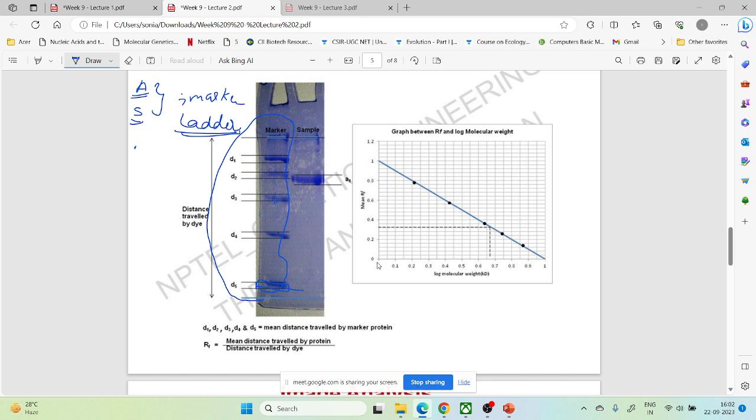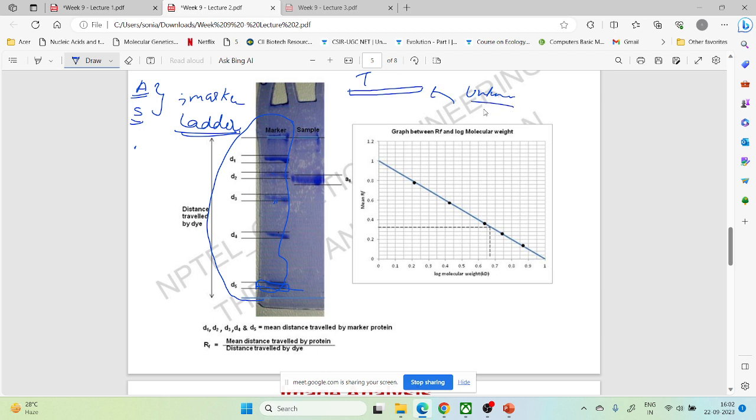That means you have to have a control sample on the basis of which you compare your unknown. You have to have some known, well-defined standards which are used for identifying the unknown sample's molecular weight.